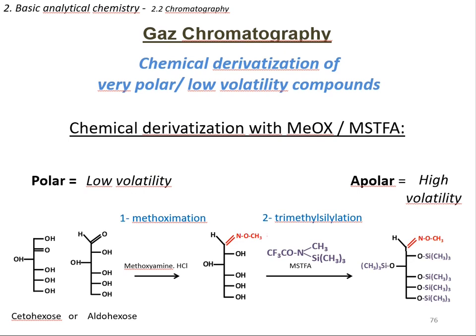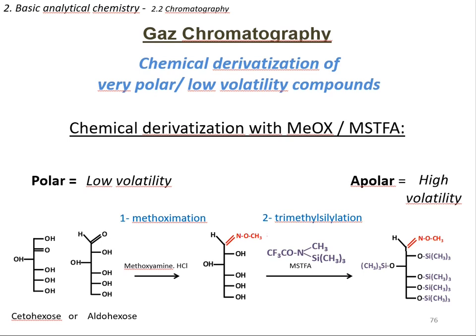One of the most frequently used derivatization techniques uses methoxyamine and a trimethylsilyl agent. So you start with a polar compound with a low volatility, which means a high boiling temperature. Let's imagine a sugar, which might be a ketohexose or an aldohexose.